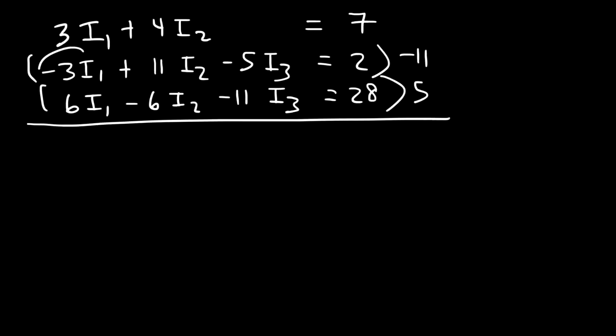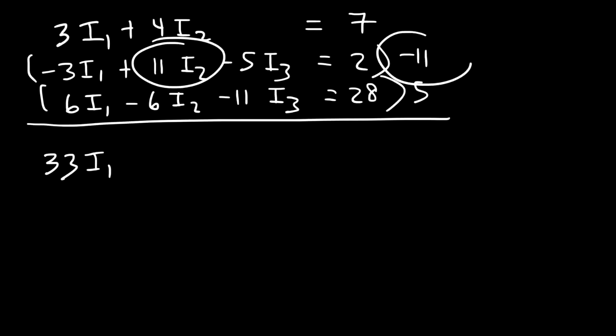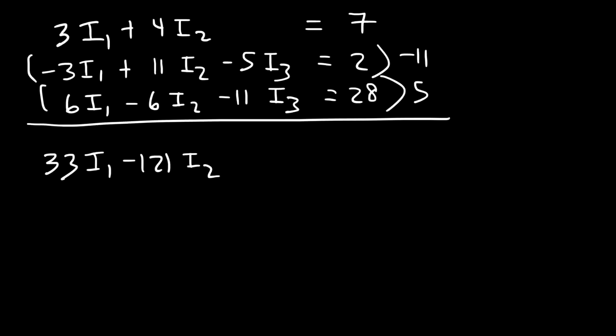So negative 3 I1 times negative 11, that's positive 33 I1, and then this times negative 11, that's going to be negative 121 I2, and negative 5 I3 times negative 11, that's positive 55 I3, and 2 times negative 11 is negative 22.